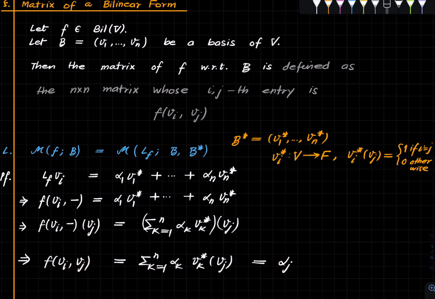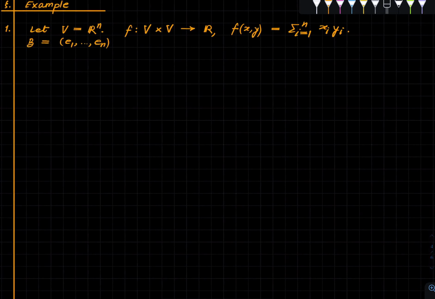So that was that. And now let us see a very, very simple example. So recall we looked at this bilinear form. If V is this coordinate space Rn, then we have this bilinear form where of course x is x1 up to xn, and similarly for y.